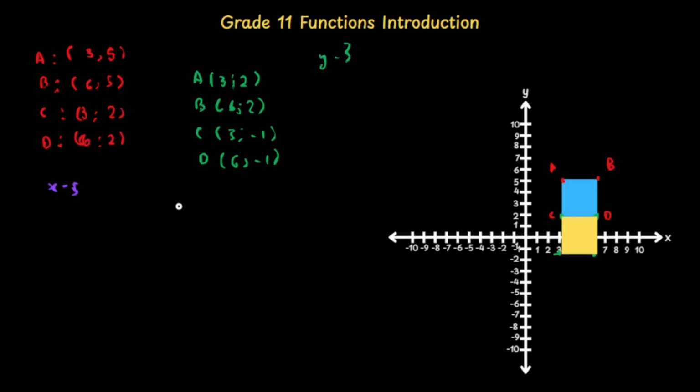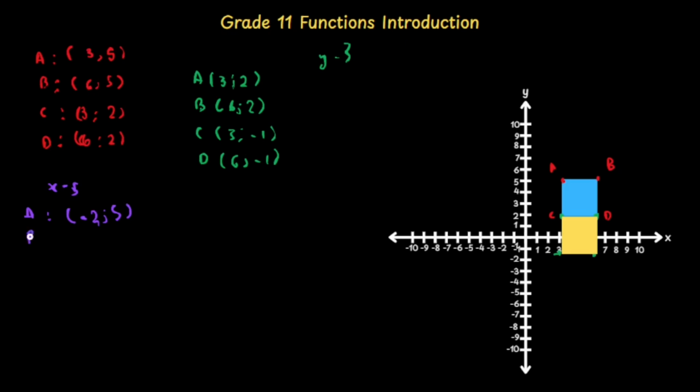In order to make that blue square move 5 units to the left horizontally, I would have to subtract 5 from the x value of each coordinate. Let's look at point A. My new coordinate would be -2 and 5, because I subtracted 5 from 3.